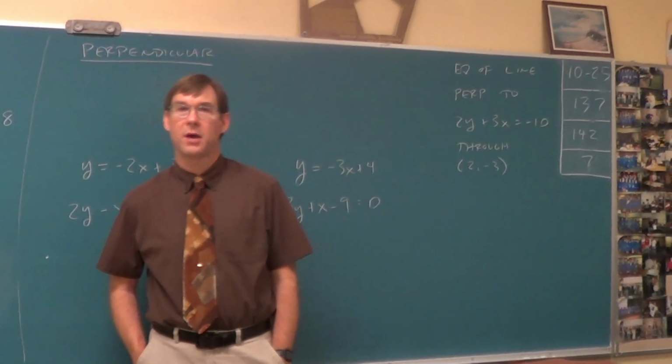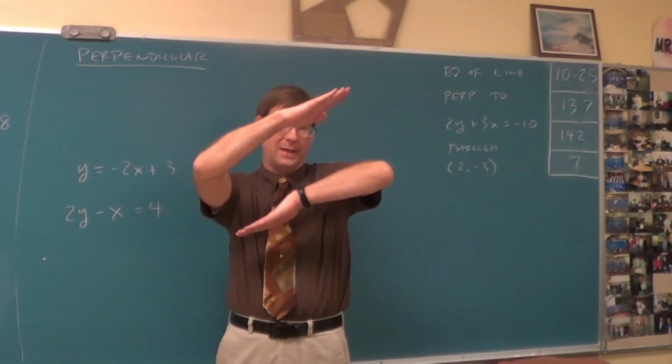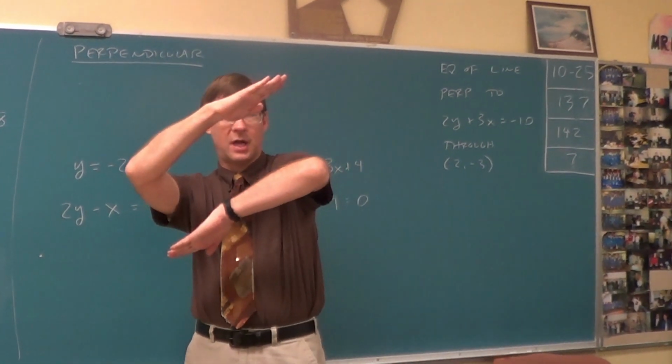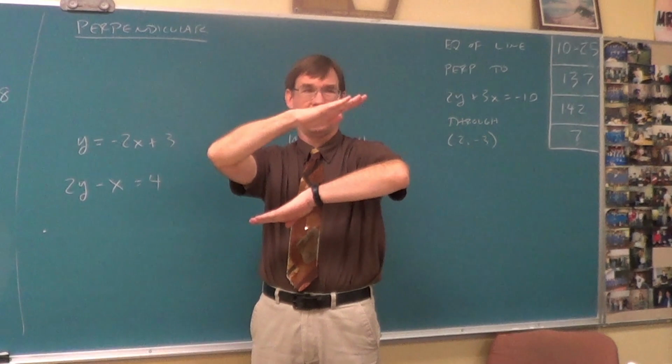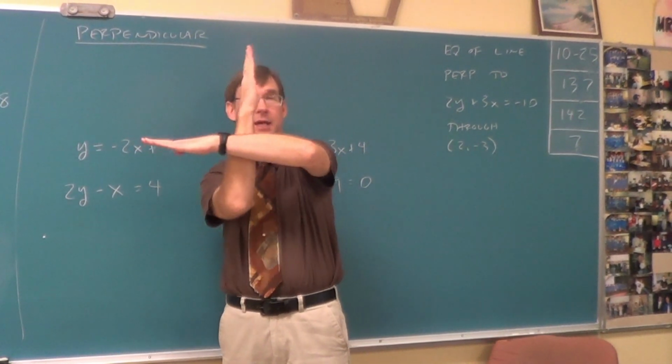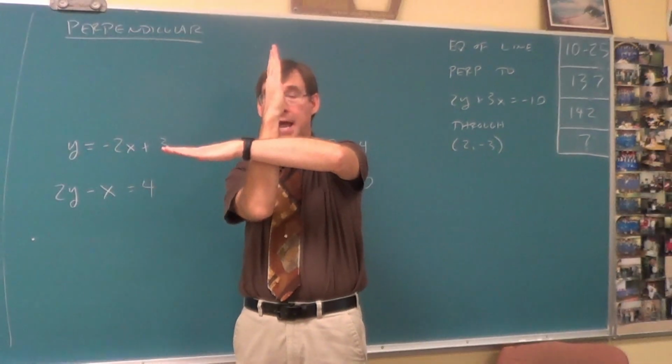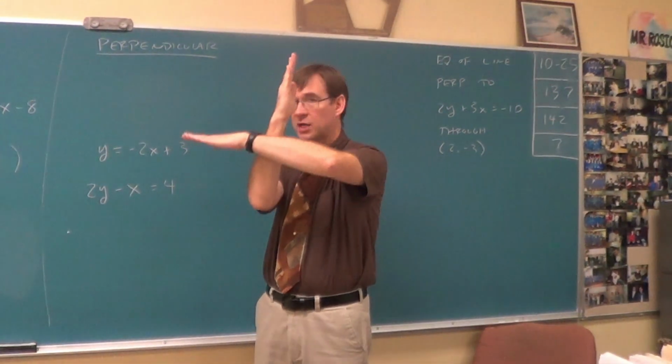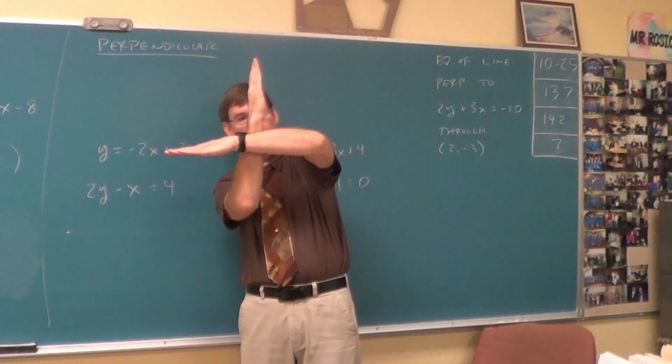Okay, so parallel versus perpendicular. Parallel means this, like they're never going to touch each other. Perpendicular, what's perpendicular about? They not only touch each other, but they touch each other to make a right angle. They don't have to go vertical and horizontal.